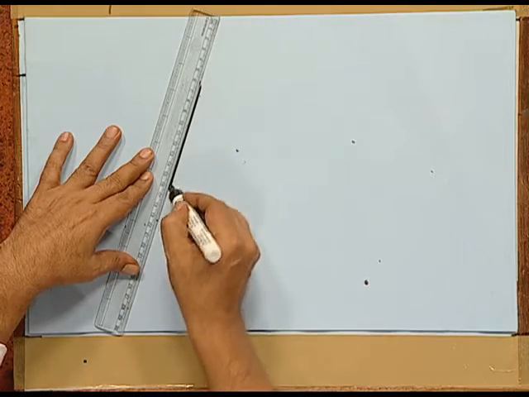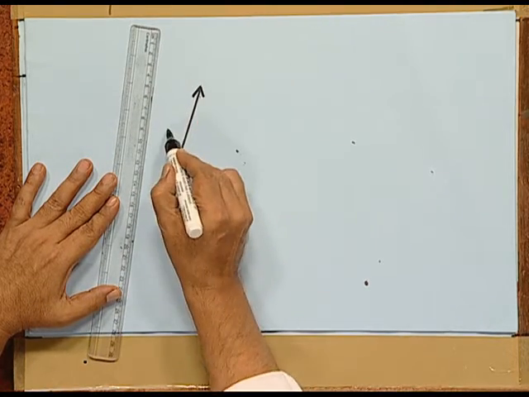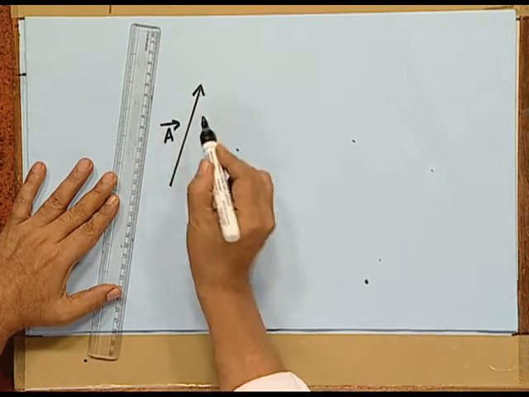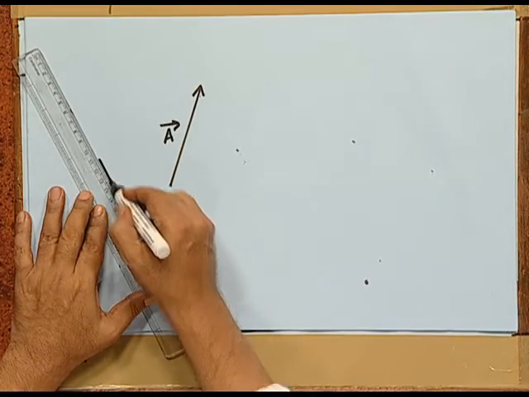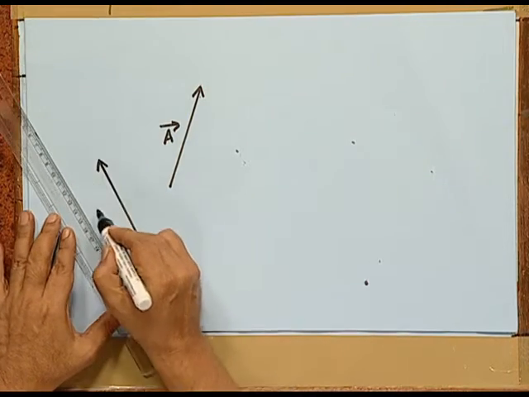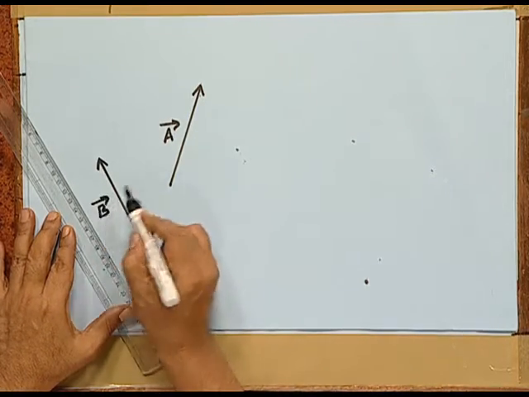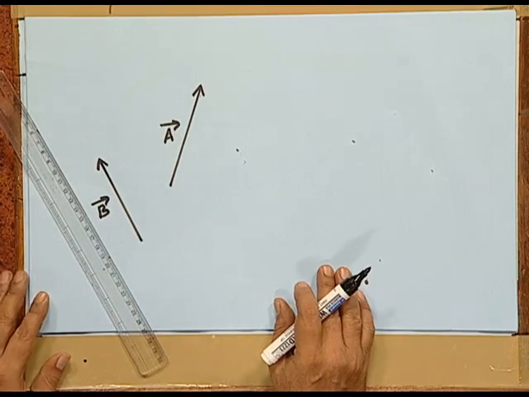That is, you can do this vector addition in a different way. Let us take vector A and vector B. If it is given like this, you can do it by the method of triangulation, which I have said.